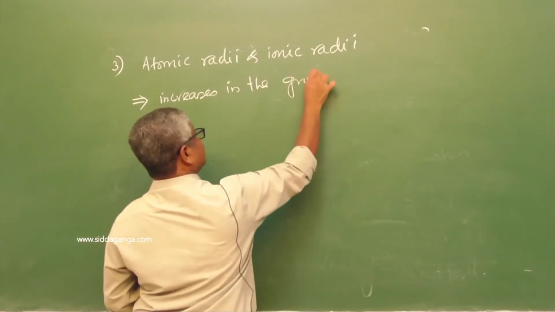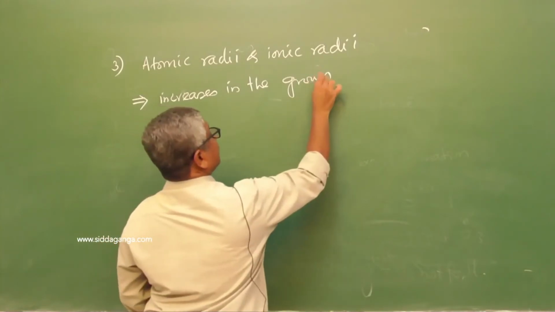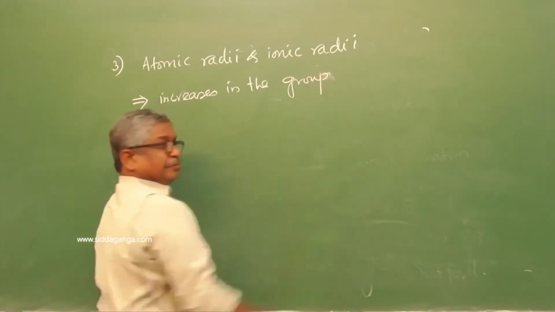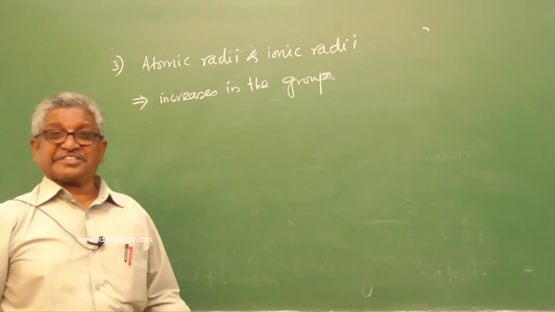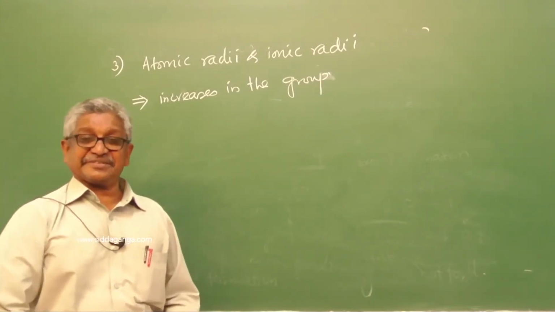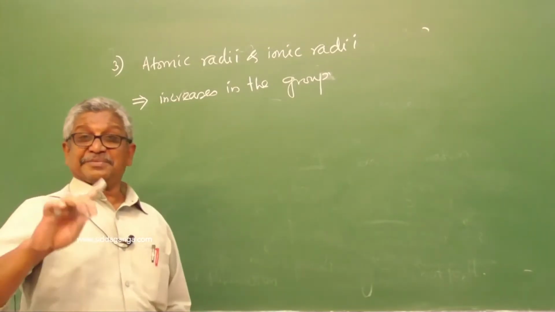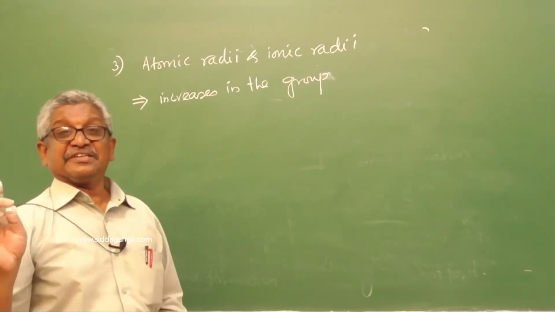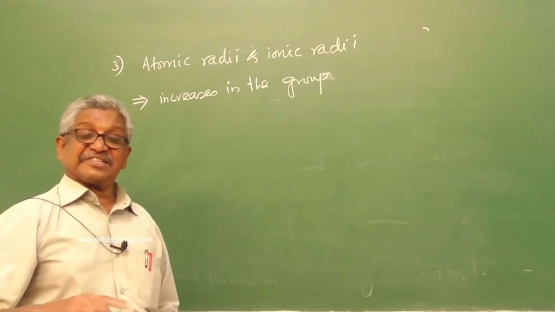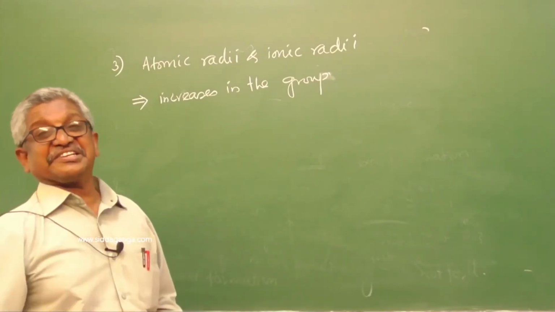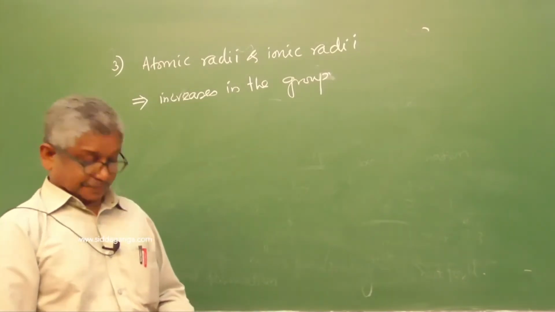If we move down the group, atomic size increases. If atomic size increases, atomic radius will increase. If atomic radius increases, ionic radius also increases down the group.